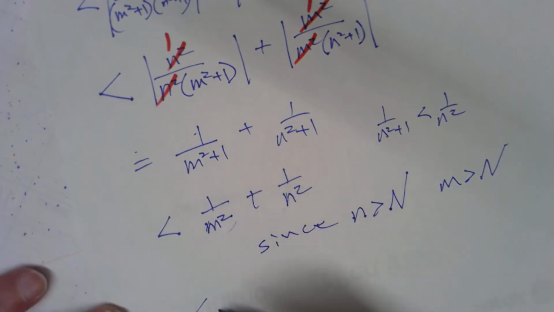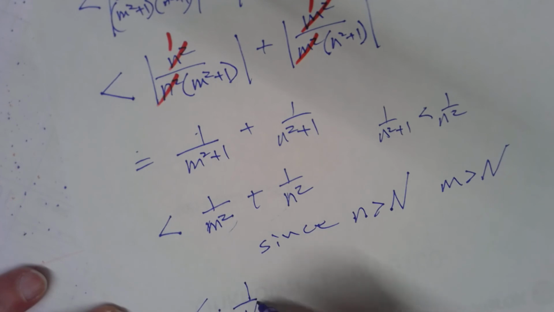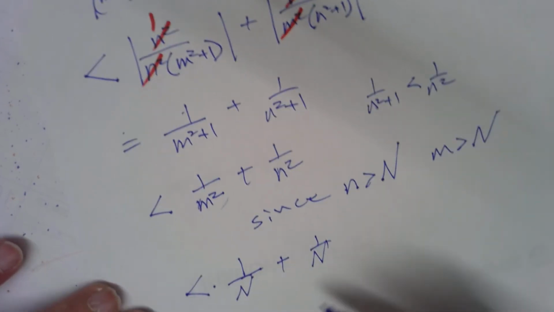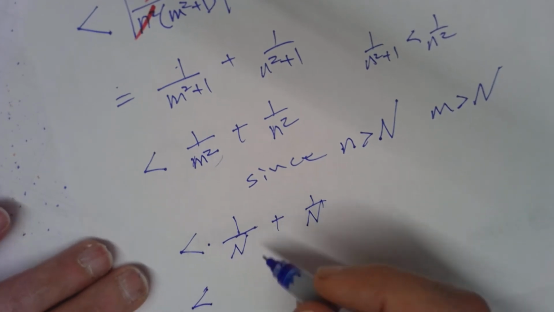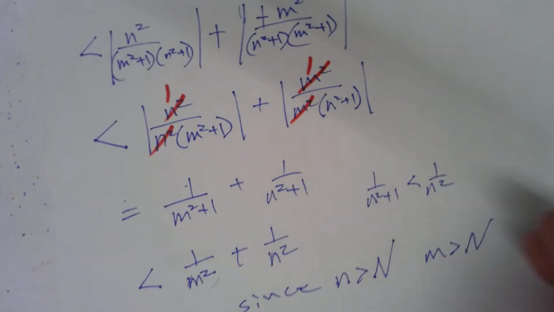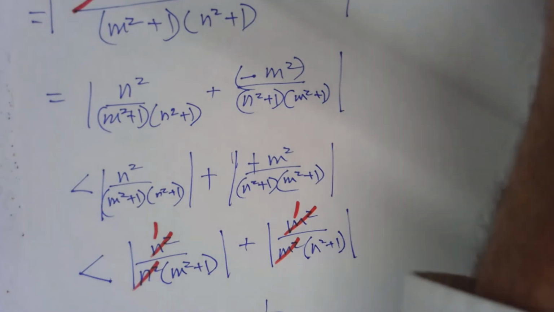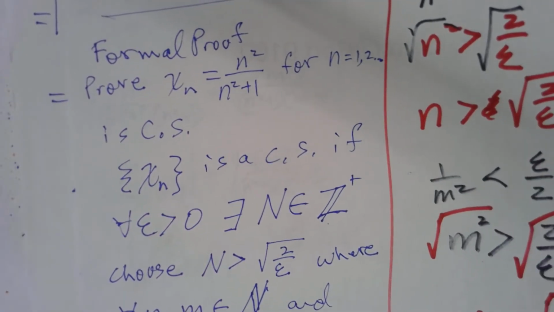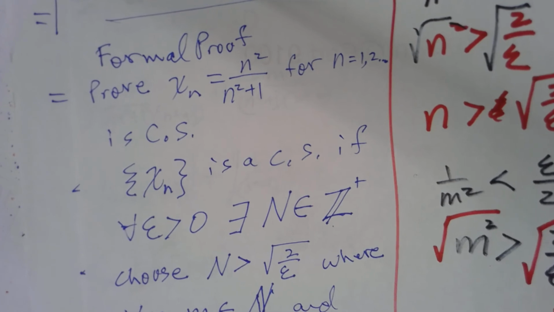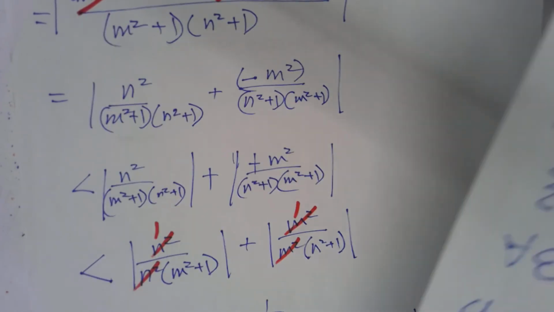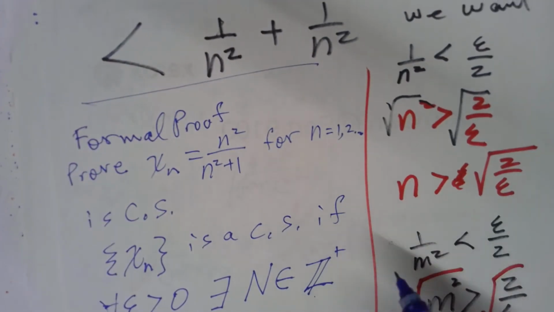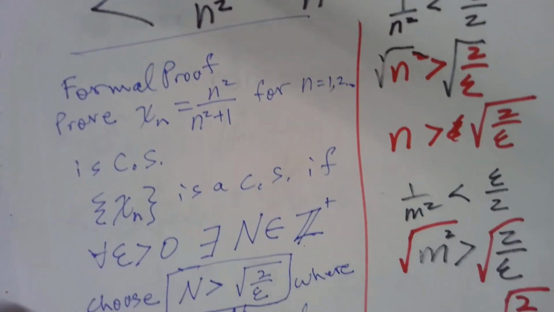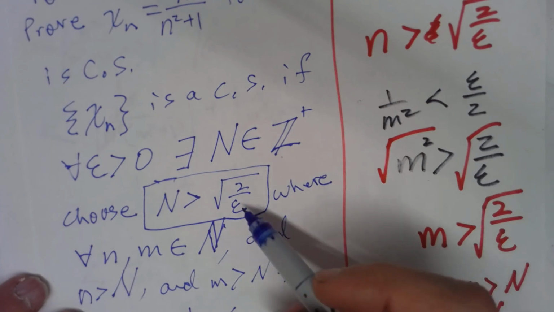That'll make this less than 1 over n plus 1 over n. And so, since we defined n, where is it? Okay, we said that uppercase N is the square root of 2 over epsilon.